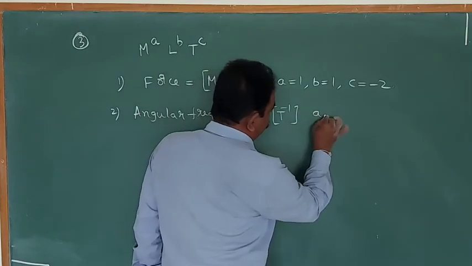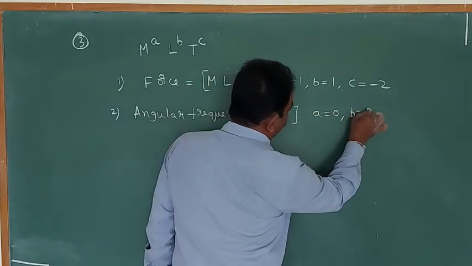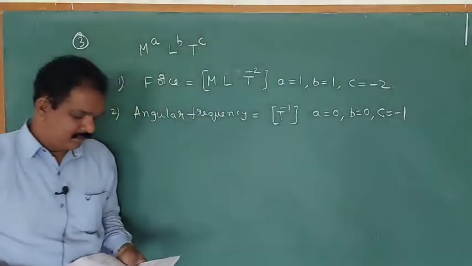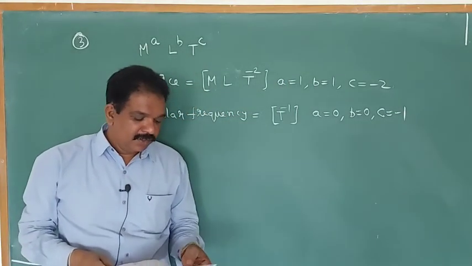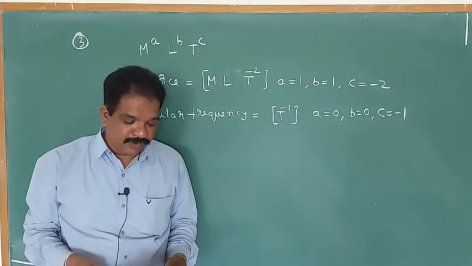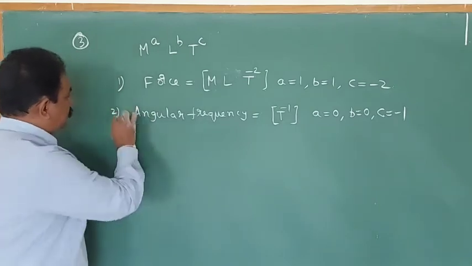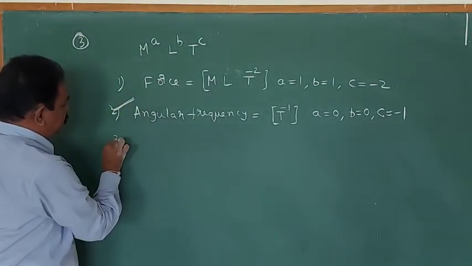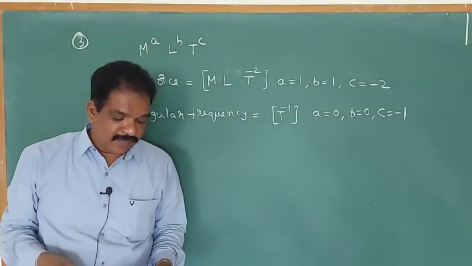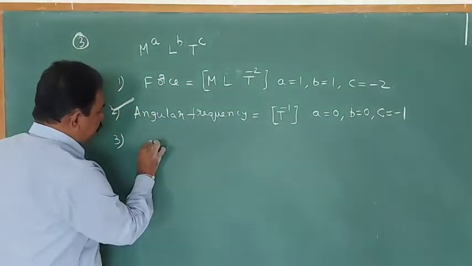No M value, no L value, T power will be minus 1. Check the second option. a is equal to 0, b is equal to 0, c is equal to minus 1. This will be the answer. We'll check the remaining also. Then knowledge will come.